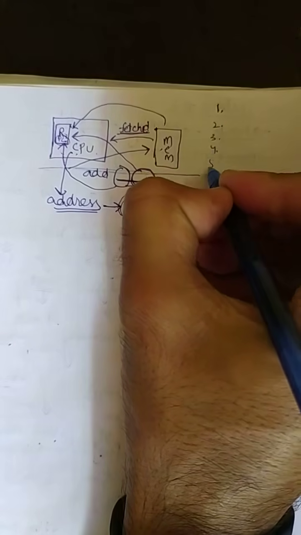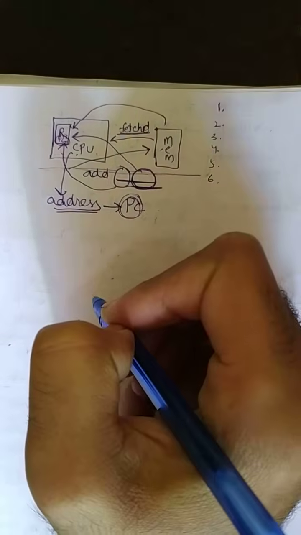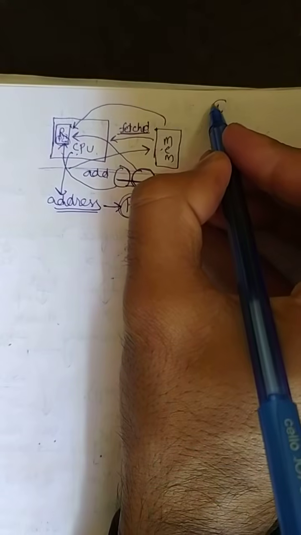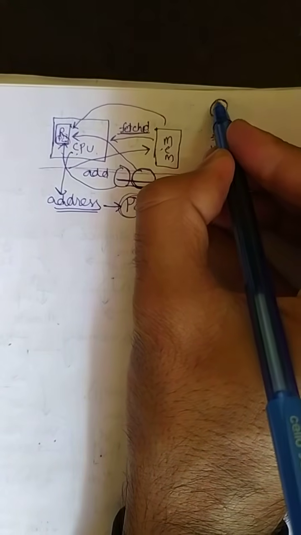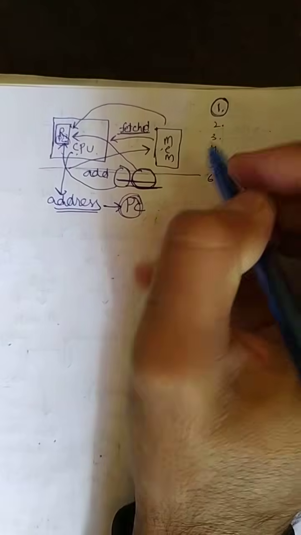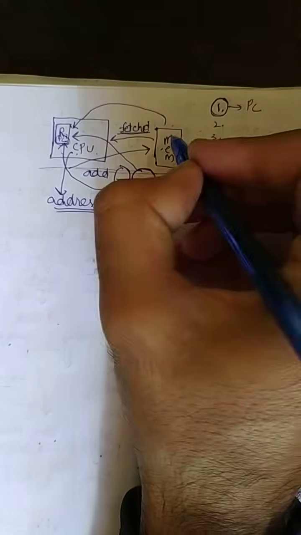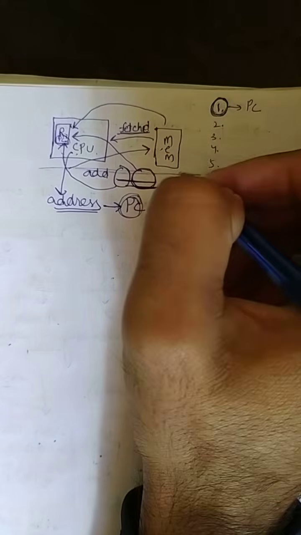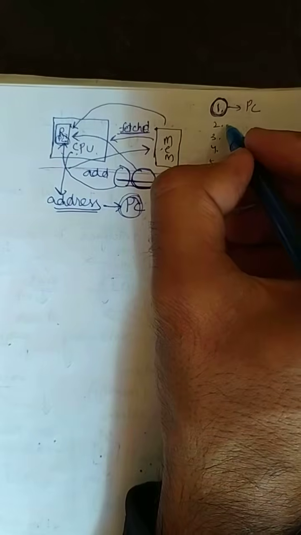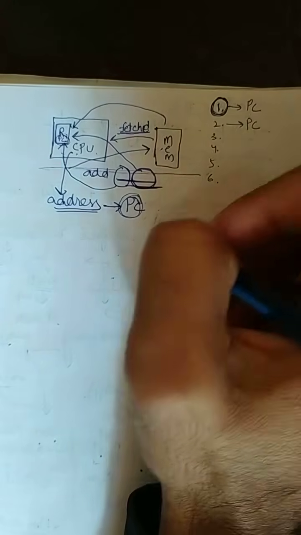Let's say I have these instructions 1, 2, 3, 4, 5, 6. The first address that will be stored in the program counter will be 1. The CPU will fetch the instruction located at address 1, and now the PC will get updated to 2.